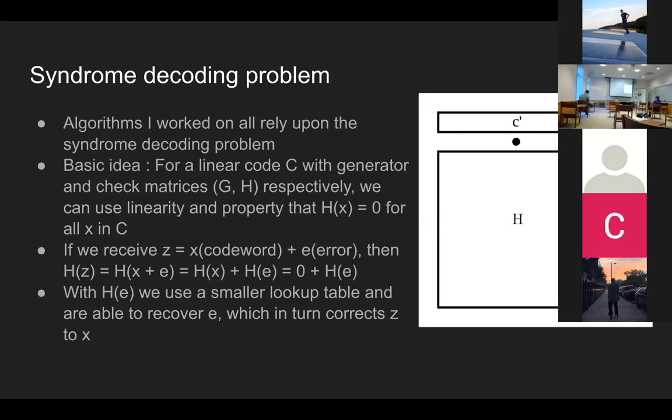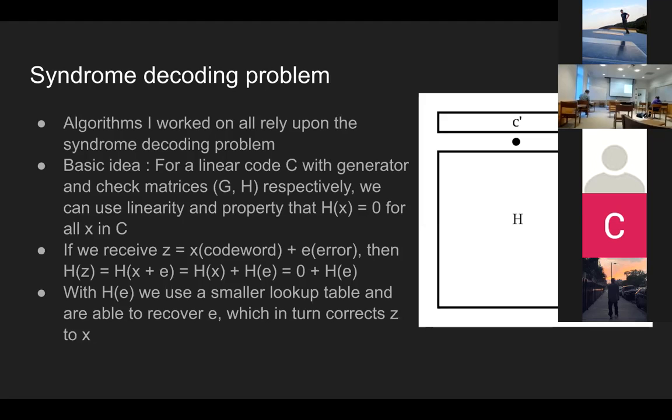So each of these digital signature algorithms is pretty much based on the syndrome decoding problem, which is a problem in coding theory. If you have a linear code C with a given generator matrix G and a check matrix H, it basically just uses the property that if you multiply any code word by the check matrix H, you will always get 0.